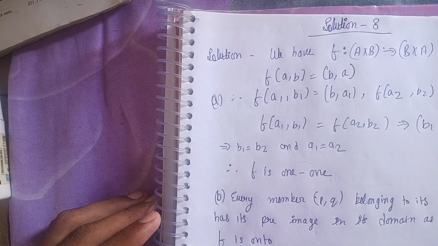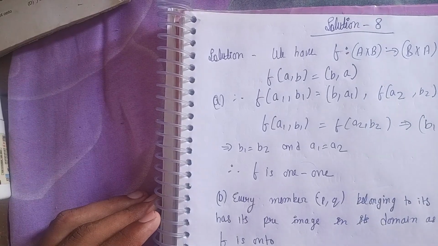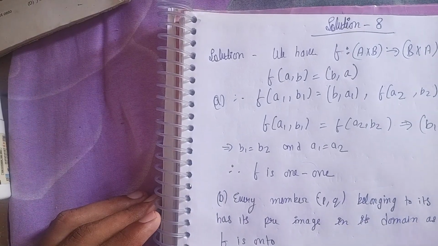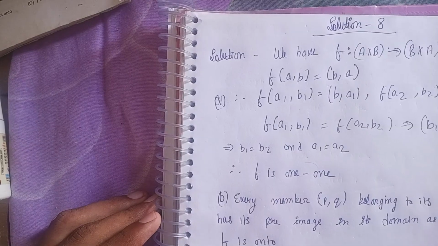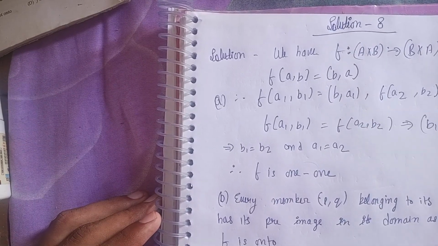Thus f is one-one and onto. That is, it is bijective.